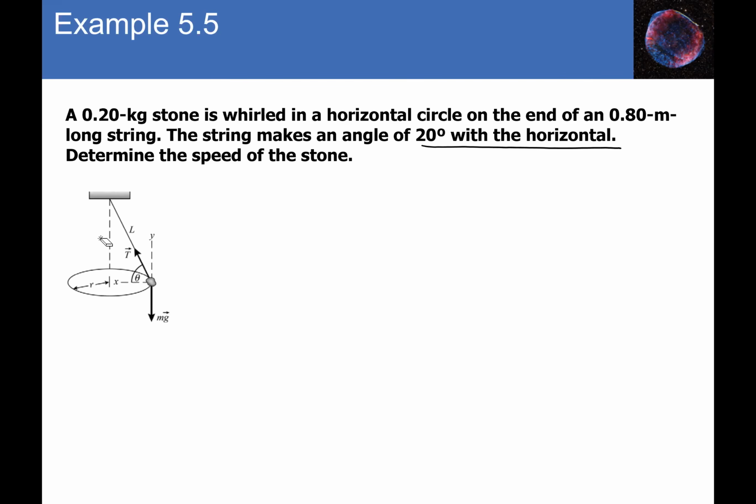For this particular example, we are given the mass, which is 0.2 kilograms. We're given the theta, which is here 20 degrees with respect to horizontal. And also we're given the length of the string, sorry, that's actually not the radius.